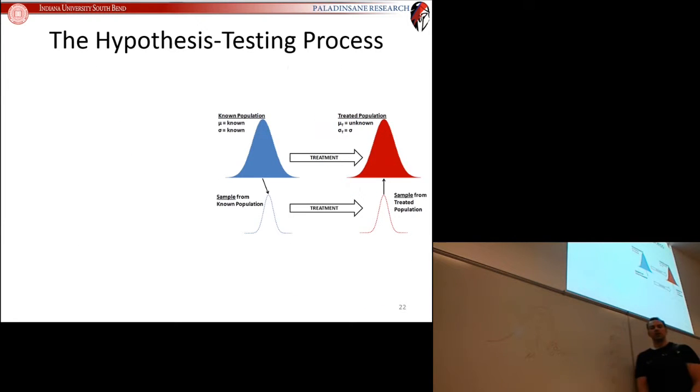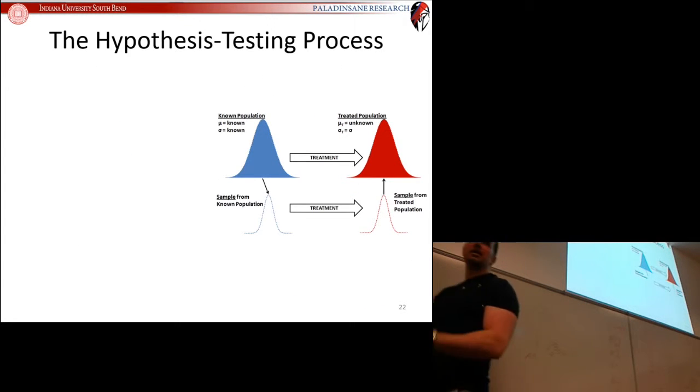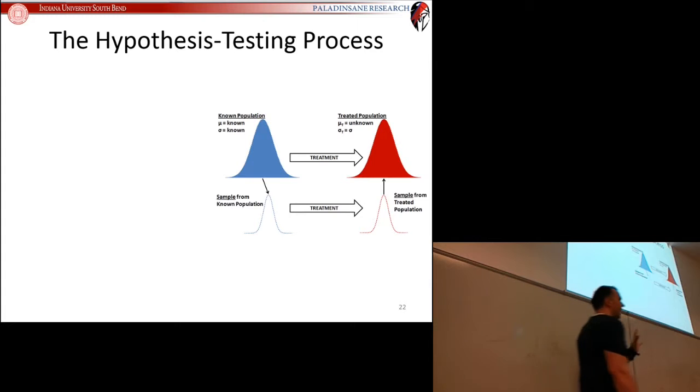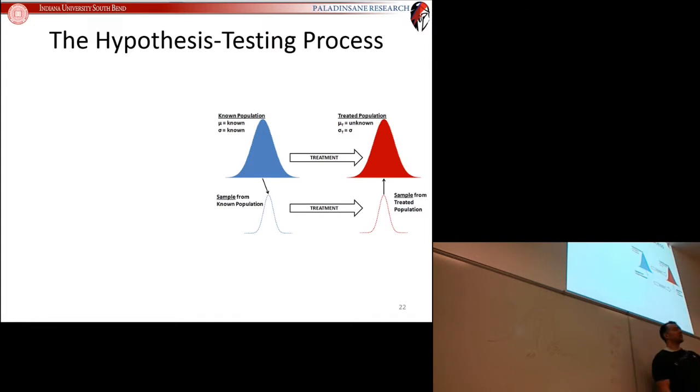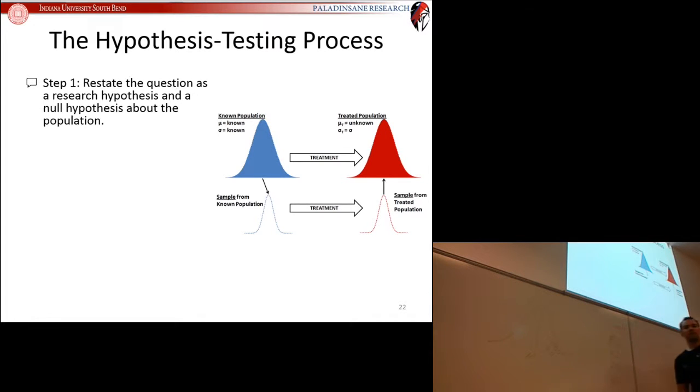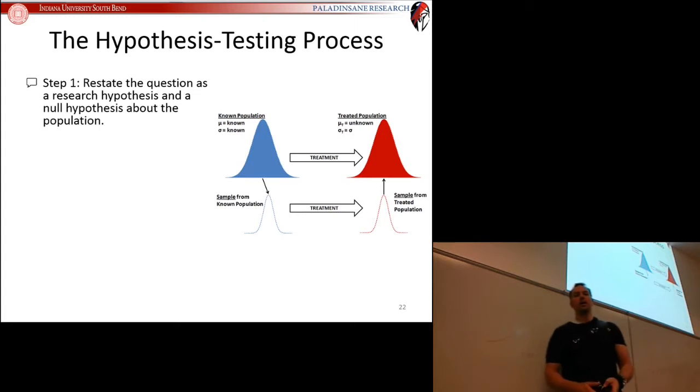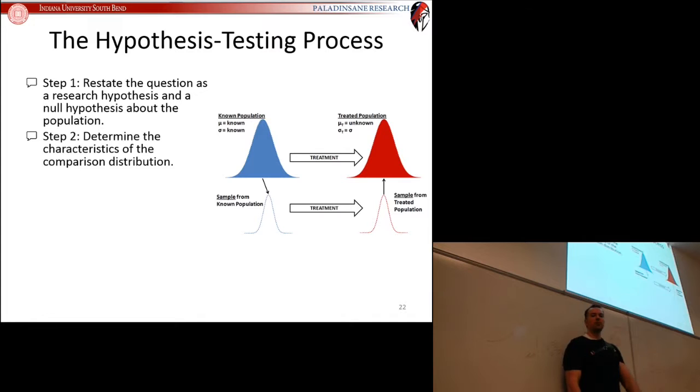All right, so the hypothesis testing process. 5 steps that are going to allow us to study any single population, test any single hypothesis. Here are the 5 steps. We'll go through them one by one. Step number 1, restate the question as a research hypothesis and a null hypothesis about the population. Notice, about the population, not about the sample. Step 2, determine the characteristics of the comparison distribution.